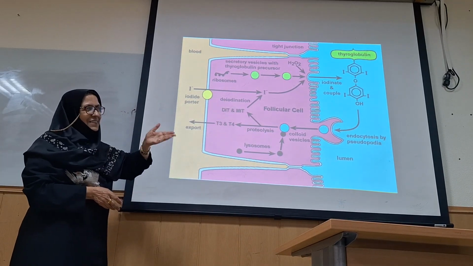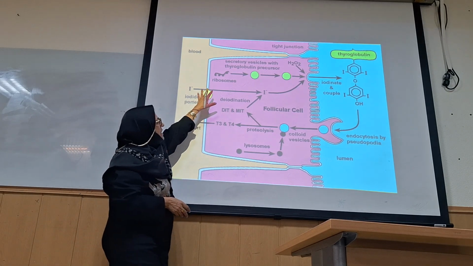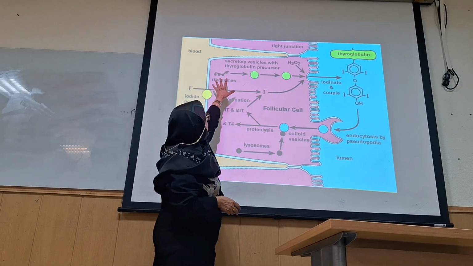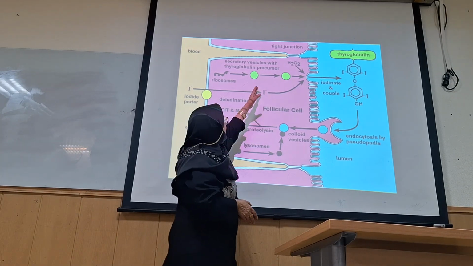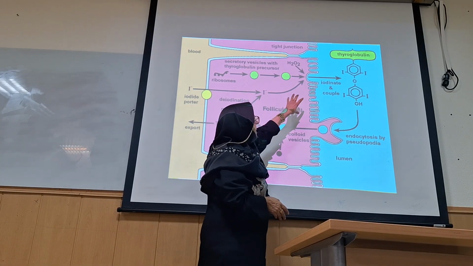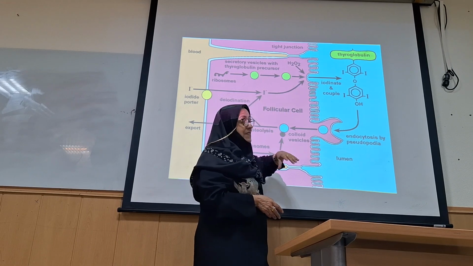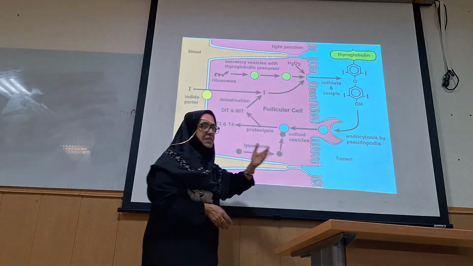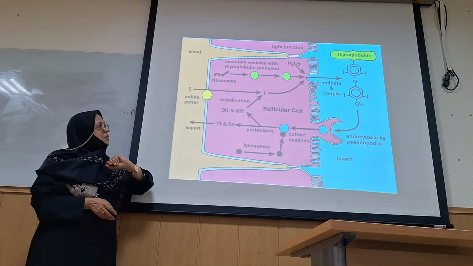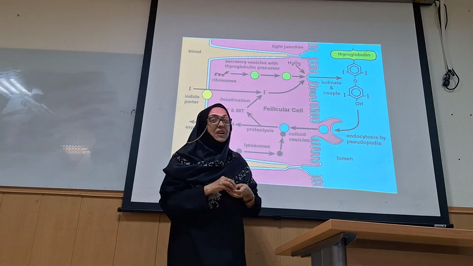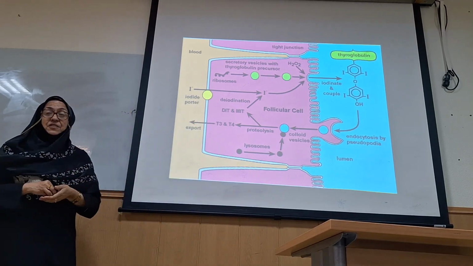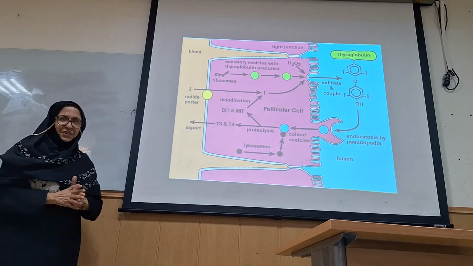The second phase, in the endoplasmic reticulum, thyroglobulin is synthesized. The third phase, thyroglobulin must combine with iodine, but thyroglobulin can combine only with neutralized iodine, non-negative iodine.